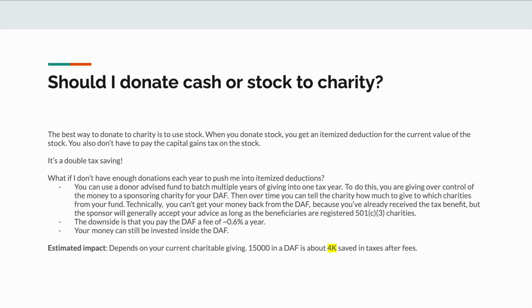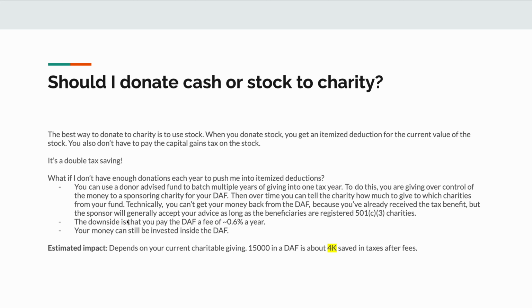Over time, the reason why it's called donor advised is that you can tell them, hey, I want you to take the money in this account and give it to this charity. Generally, if you are donating to registered charities, 501c3s, then they're not going to have a problem just taking your recommendation.